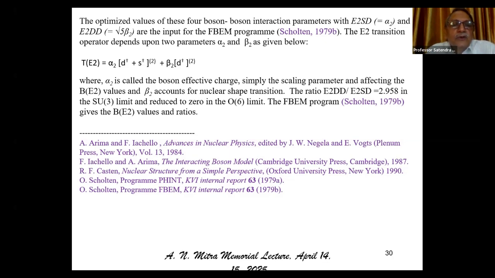Alpha 2 is called the boson effective charge, simply a scaling factor affecting the B(E2) values, and beta 2 accounts for the nuclear shape transition. One interesting point is that E2DD over E2SD is 2.958 in the SU3 limit, while it is reduced to 0 in the O6 limit. The ABEM program gives the B values, so you can account for E2, M1, and E0 transitions. The references are listed below.